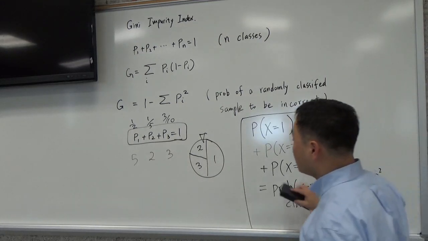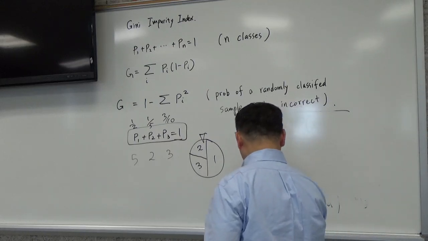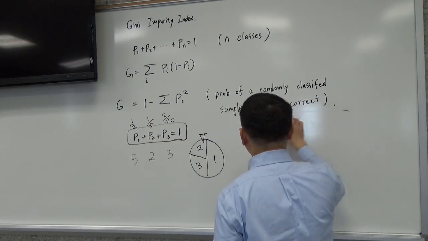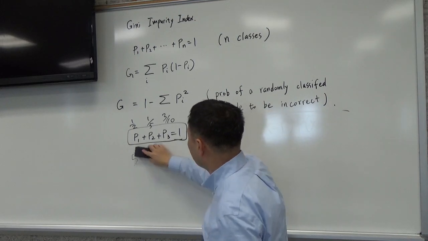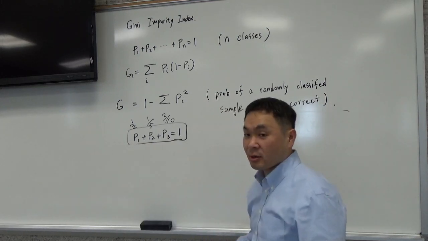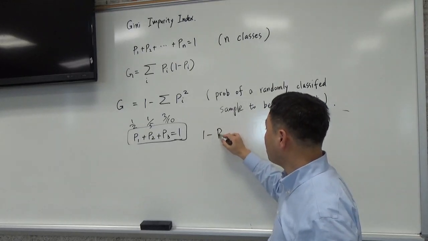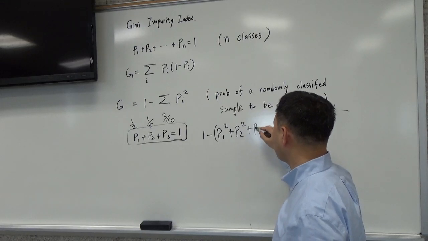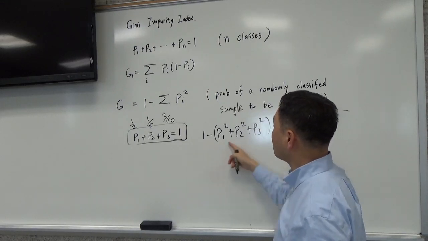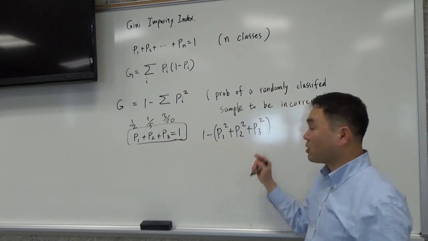And it's not so clear at first why those two formulas are the same. So let me just explain it using, again, this example. So if you have 1 minus p1 squared plus p2 squared plus p3 squared, this will be the Gini impurity index for these three probabilities.